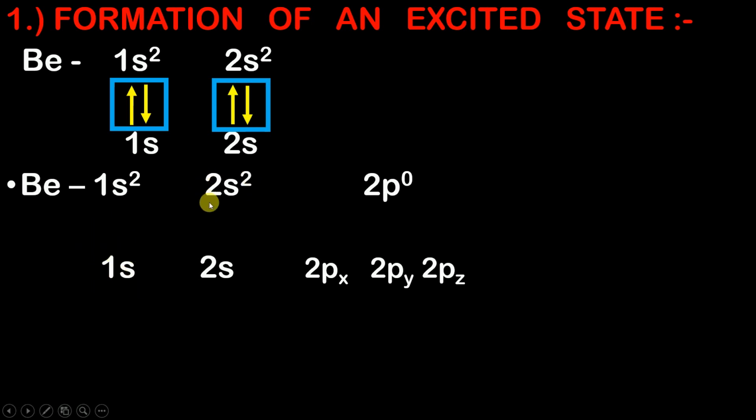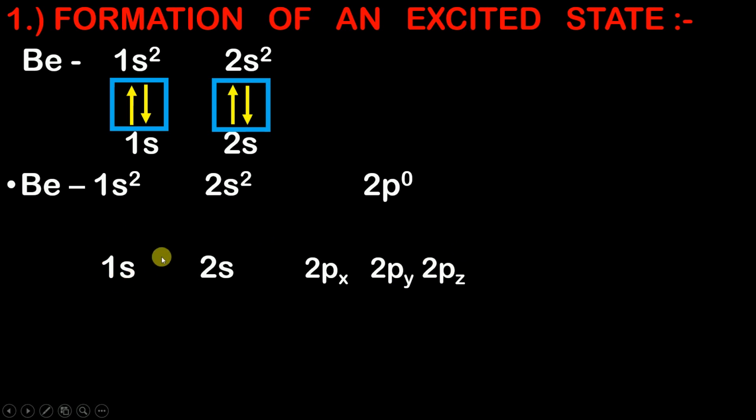And again, when you consider 2s2, we all know that inside the s subshell there is only one orbital present, and we give it the same name, that is 2s. But if you consider the p subshell, this 2p0, we all know that inside the p subshell there are 3 orbitals present, and if you remember, their names are px, py and pz, and since they are present in the second energy level, we write them as 2px, 2py and 2pz.